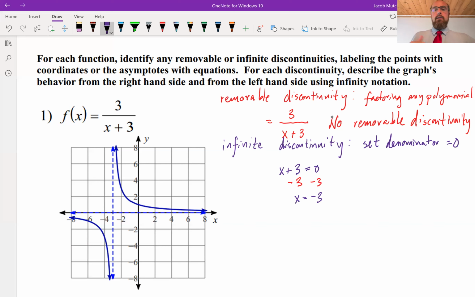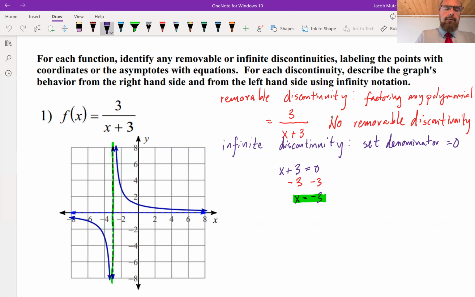So it looks like, although I didn't have a removable discontinuity, I do in fact have an infinite discontinuity, and I can see that real clearly on the graph. If I highlight this vertical asymptote in green, I can see that where it's crossing at the x-axis is directly between -2 and -4.